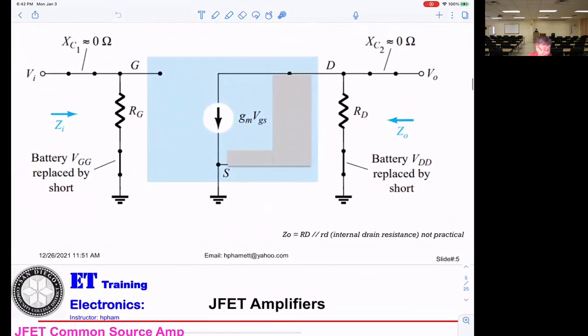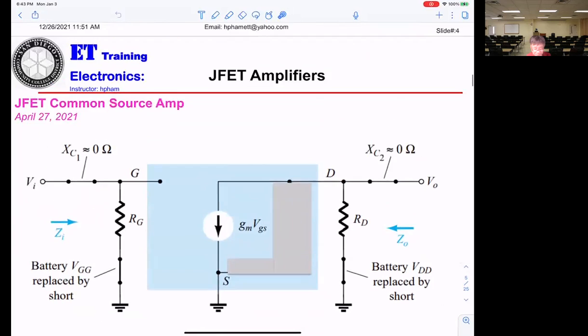You can see that battery VGG is replaced by a short. And in the dark area here, inside that JFET, you get the current flowing from the drain to the source, with the value gm times VGS. I don't have any small rd here, the internal output resistance. We don't care about that. And now you can see RD. What is RD from this circuitry here?